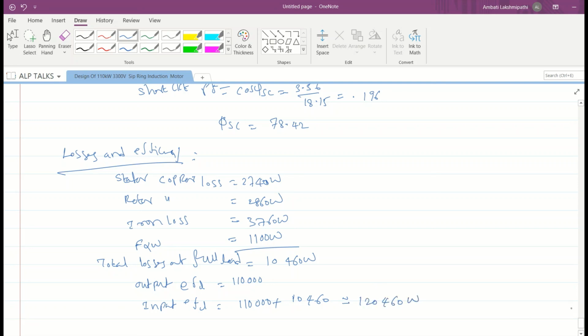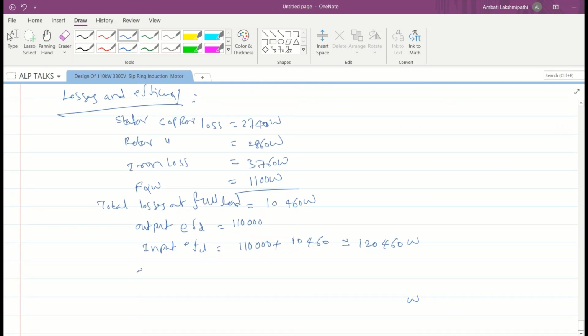So the efficiency at full load is 110 output by input 120,460, and that value comes to 91.3%. Let's subtract half percent from it, so you will get 90.8%.